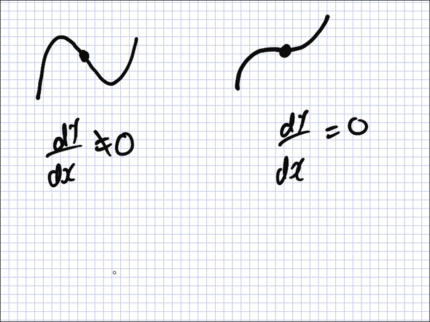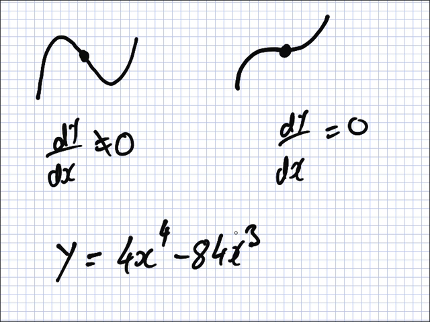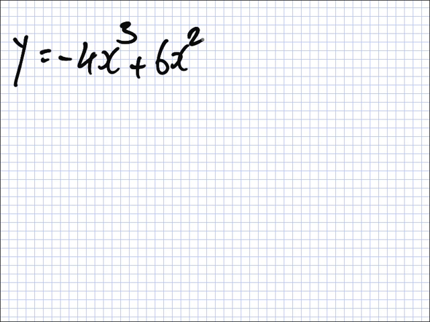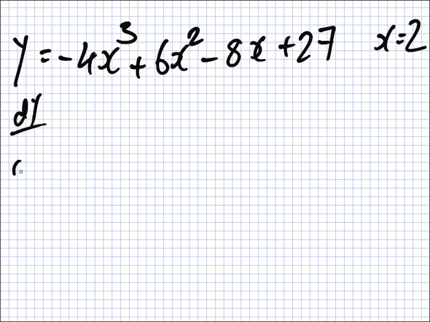So, 1b on 76. y equals minus 4x cubed plus 6x squared minus 8x plus 27, and x is equal to 2. Right, so step 1, differentiate and evaluate. So dy/dx equals minus 12x squared, correct?